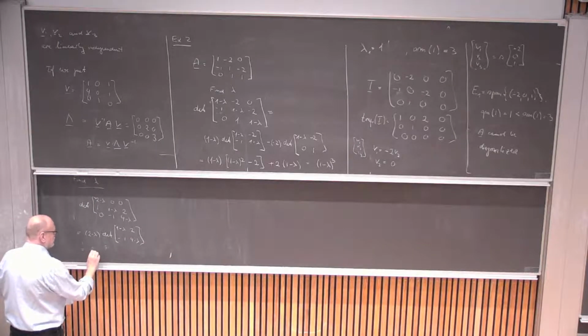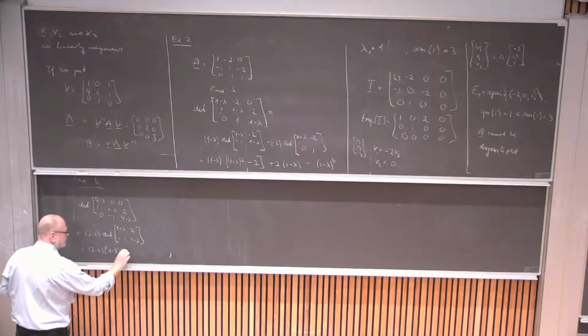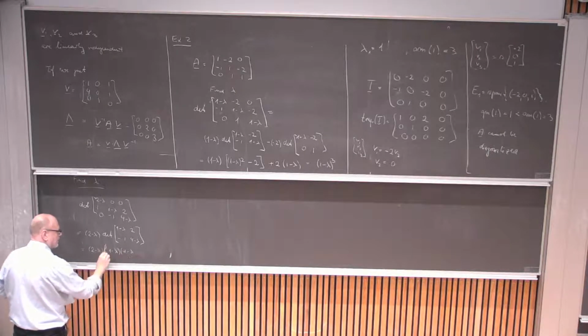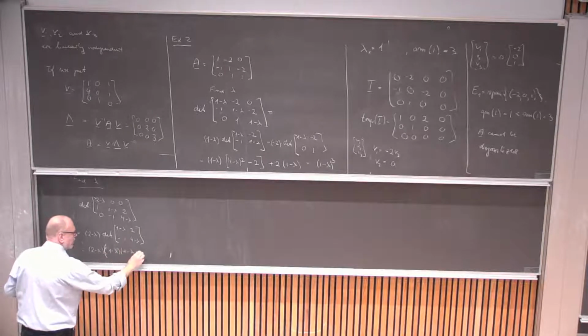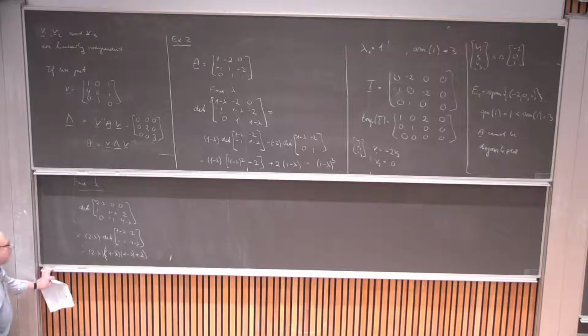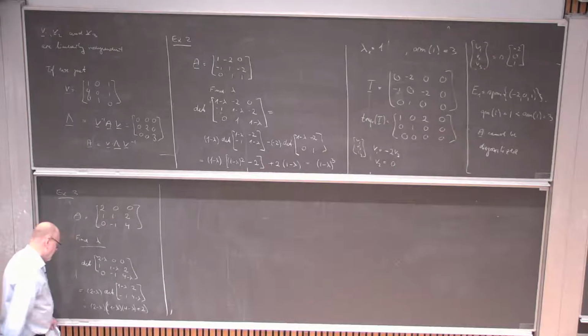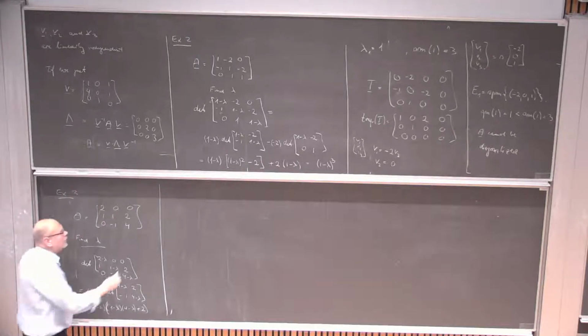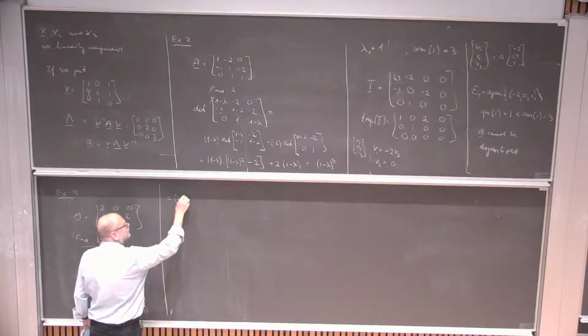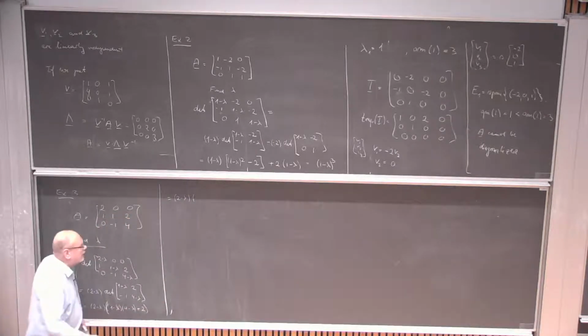So this will be 2 minus lambda, and then it'll be 1 minus lambda times 4 minus lambda, and then plus 2. So it will be equal to 2 minus lambda, and then you get lambda squared.